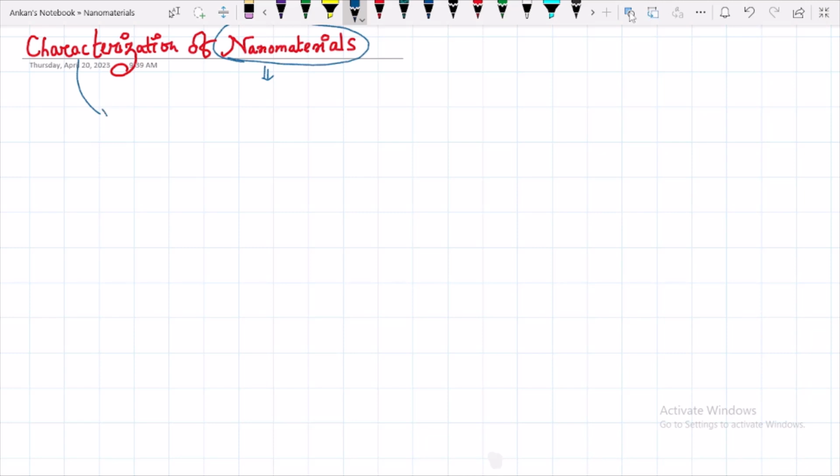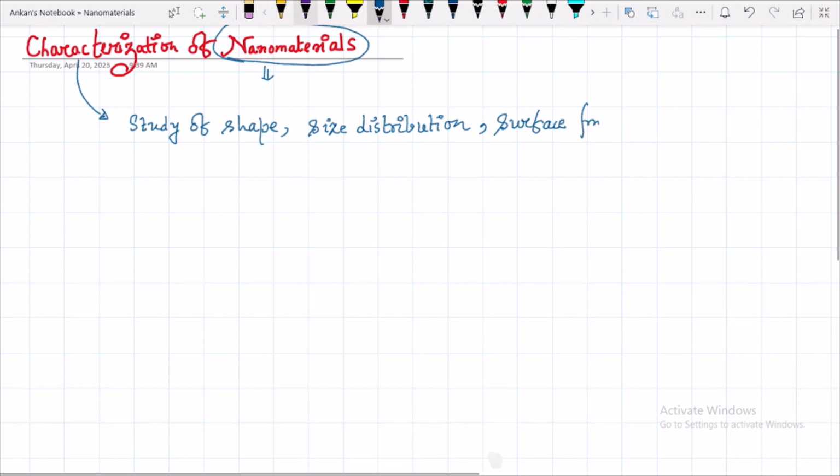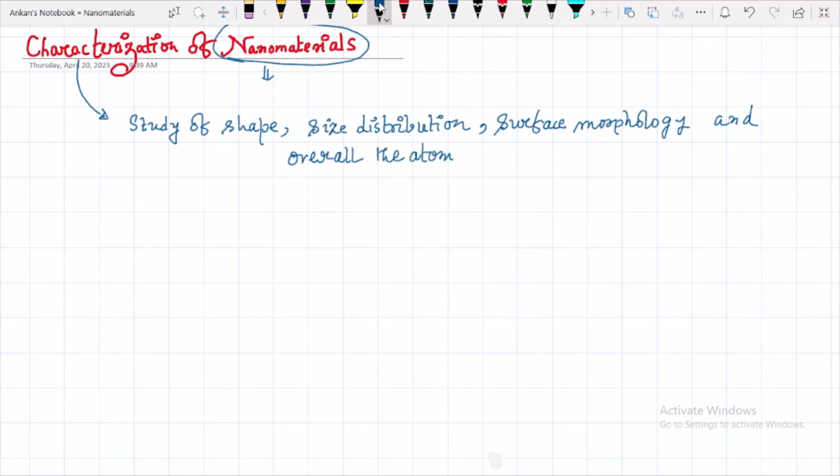And the characterization of nanomaterials simply means the study of shape, size distribution, surface morphology, and overall the atomic and molecular structure.